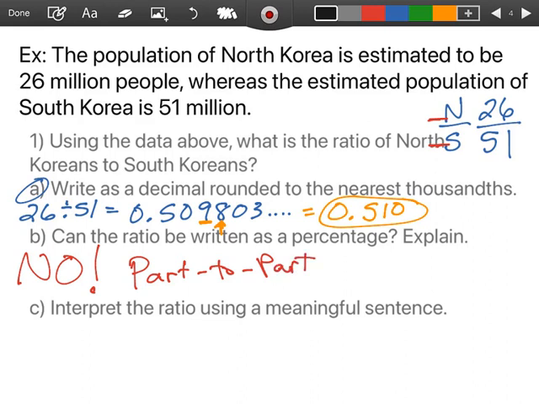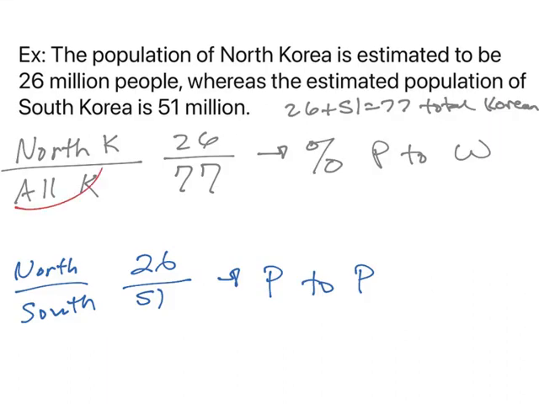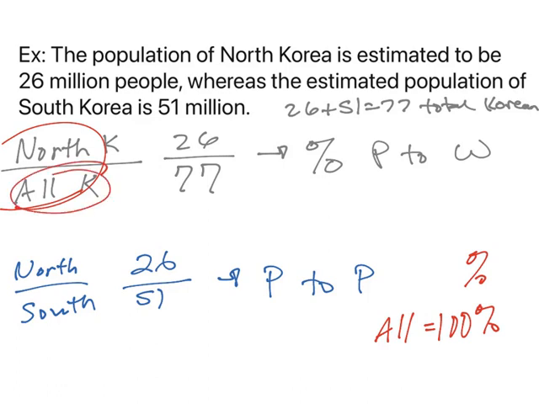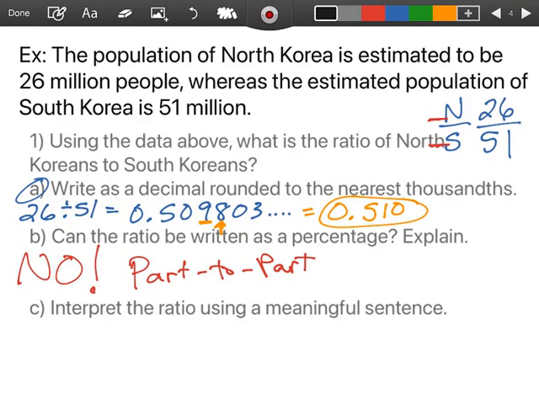When we're talking part to whole, if you think about percentages, 100% is the same as all. So we can do percentages when we have all, because all represents 100%. When we do not have all, we have no way to compare to 100%. So because it's part to part, the answer is no, we cannot write this as a percentage.